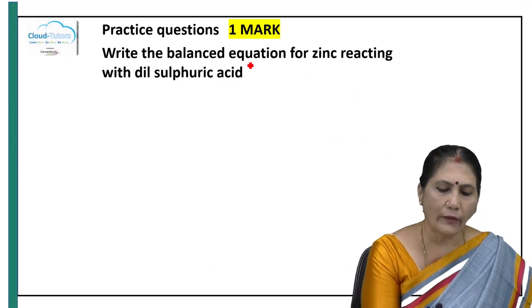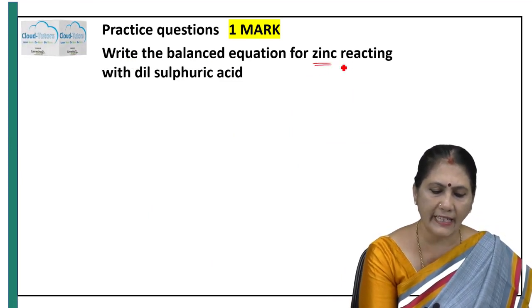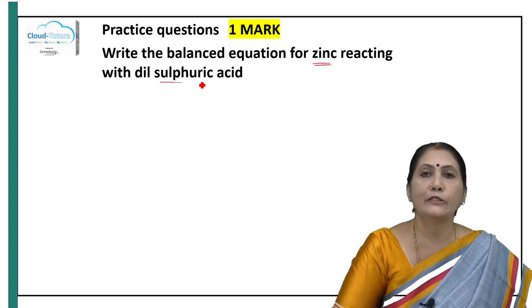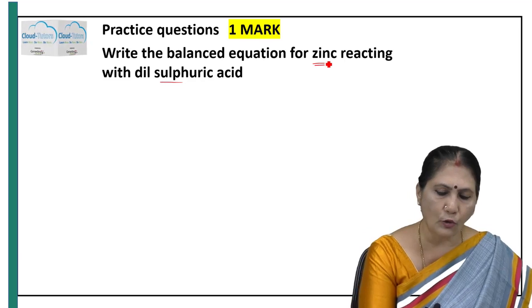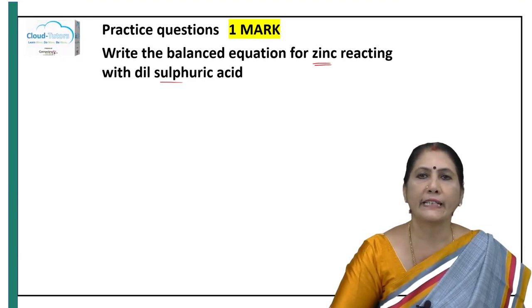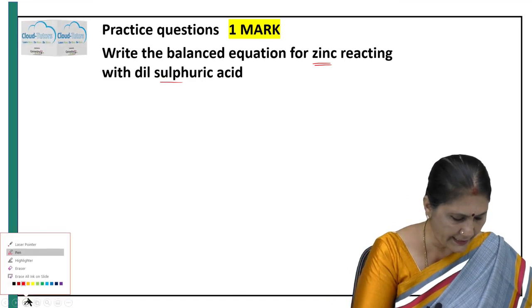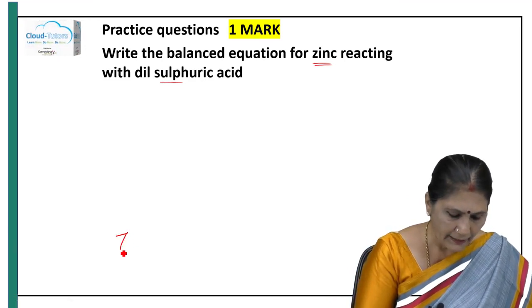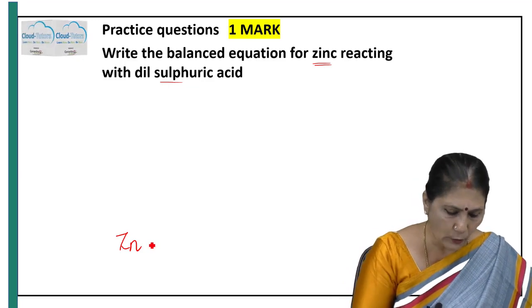Write the balanced equation for a chemical reaction taking place between zinc with dilute sulfuric acid. So first you should know the symbolic representation of zinc. Zinc is represented by Zn. It is made to react with dilute sulfuric acid.